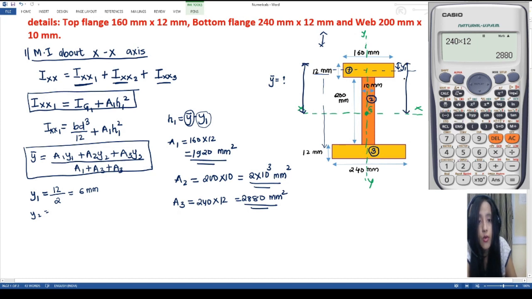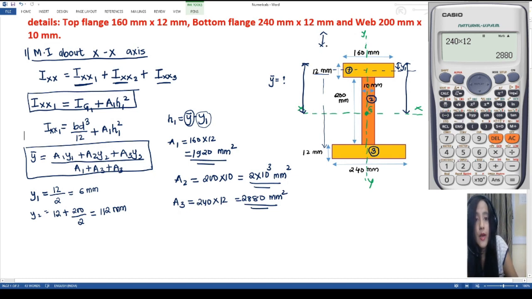So I'm going to add 12 of the top flange plus half the height of my web portion. The total height of web is 200 divided by 2. So this will come equal to 112 mm, right?